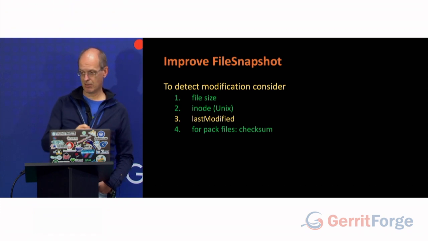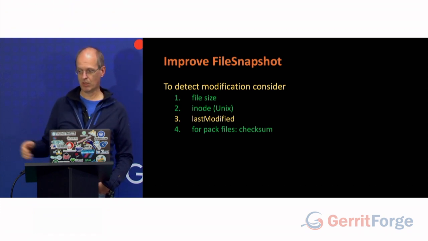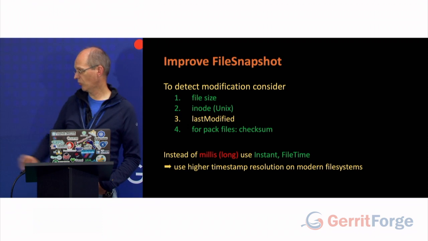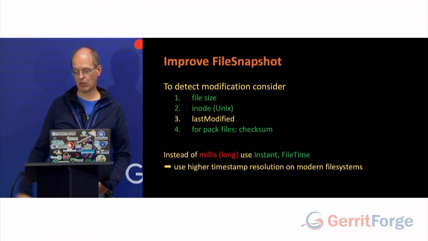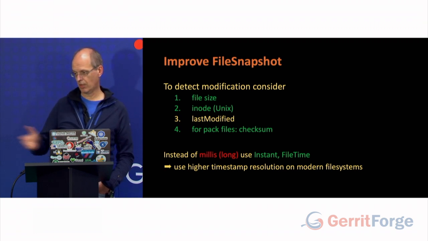We do this last because that's more expensive than looking at the stat information. And throughout the code of JGit, so far we used millis, which were stored in long. I changed that to use Instant and FileTime, so we can really use the full precision of timestamps available from the file system.